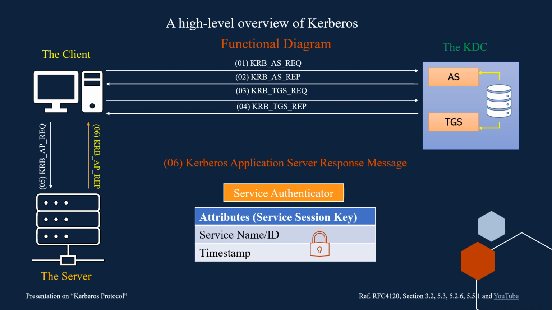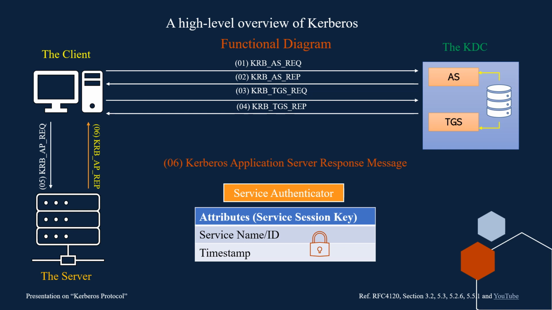The service session key is known to the client as it received this key from the ticket granting server as a reply. So after decrypting this service authenticator, the client will verify that the service name is the same service name that it wants to talk to or access, and it will also verify the timestamp when the message was written.